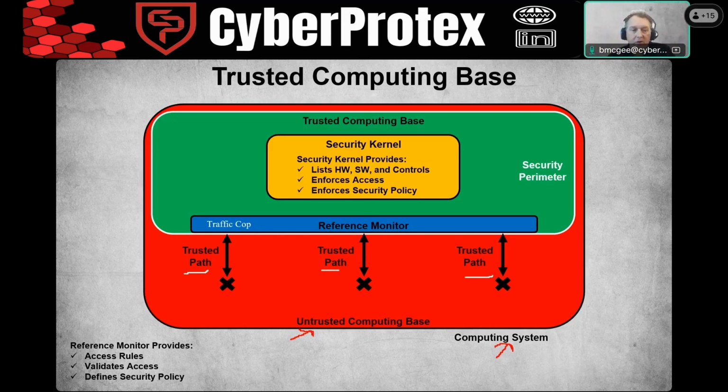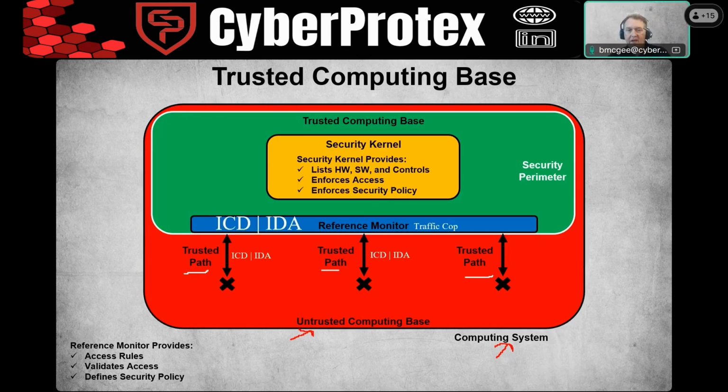And so the reference monitor does just that. It's like the traffic cop for that specific TCB that allows these untrusted computers to be trusted. In order to have a trusted path, you typically will have to do either an ICD or maybe an IDA, right?